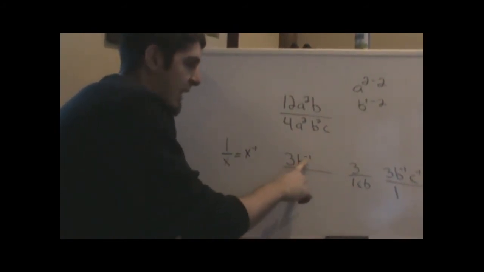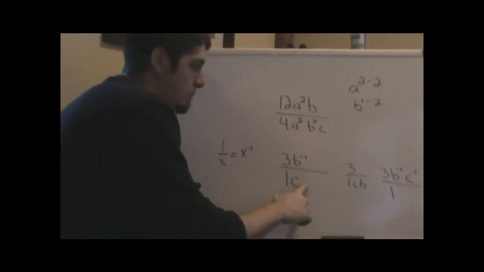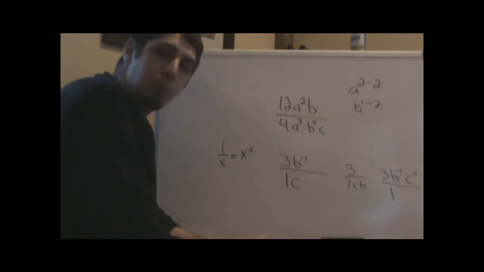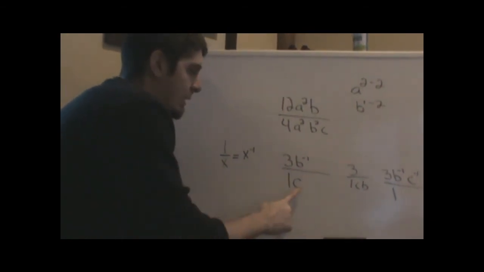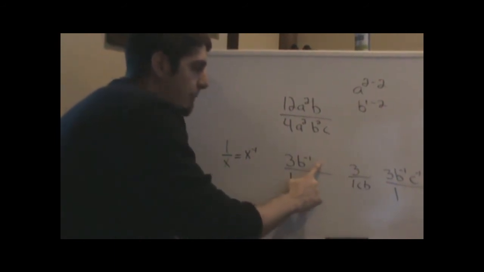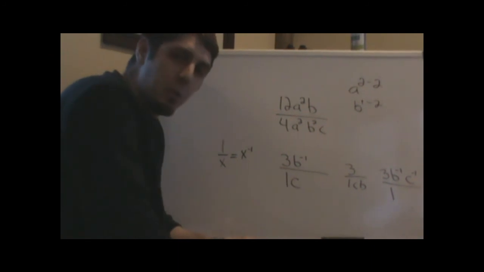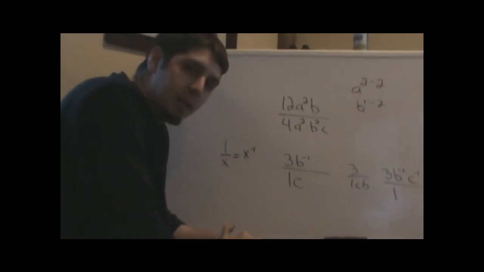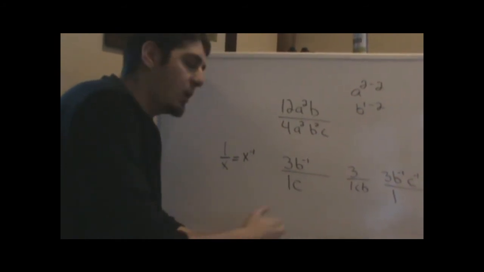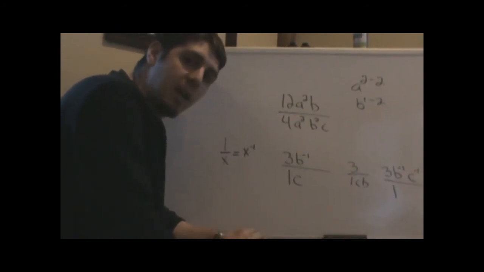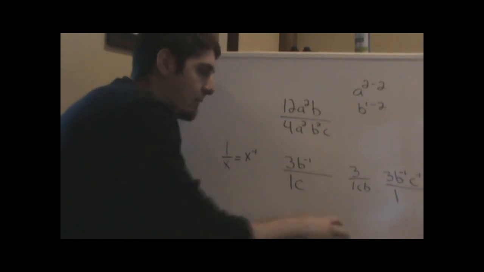So if this exponent is negative when it's on top, if I move this b to the bottom, the exponent becomes positive. If the exponent is positive on bottom and I move it to the top, it becomes negative. That's the easy way to explain it, but it doesn't explain why that's happening. And there is a reason why, and I will explain it in Chapter 4, Section 6, Negative Exponents.